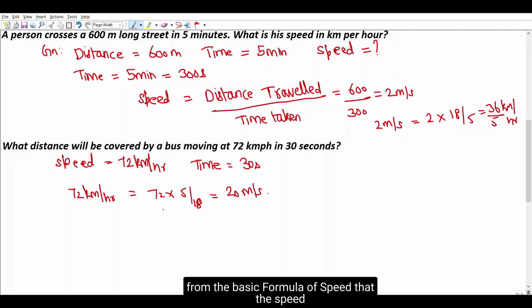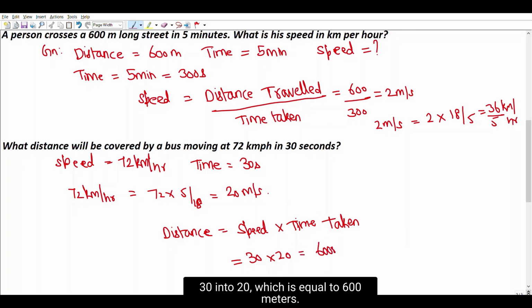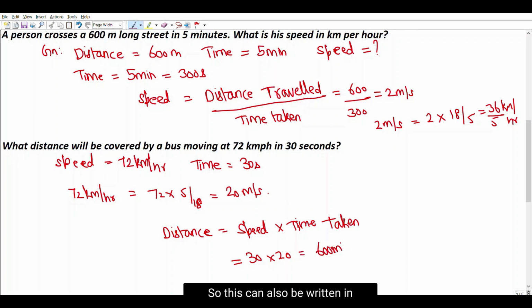From the basic formula of speed, that is speed is equal to distance traveled by time taken, we can interchange the formula and write that distance is equal to speed into time taken, which is equal to 30 into 20, which is equal to 600 meters. So this can also be written in terms of kilometer as 0.6 kilometers.